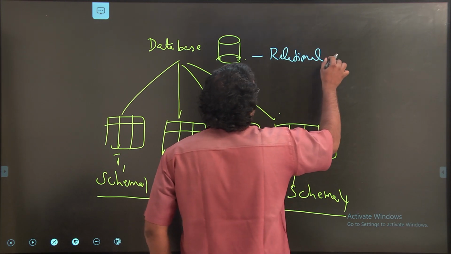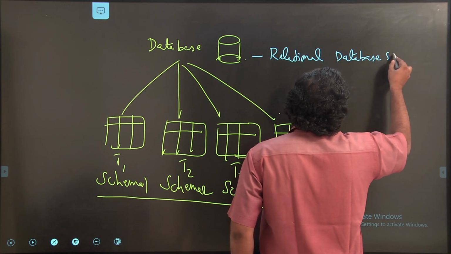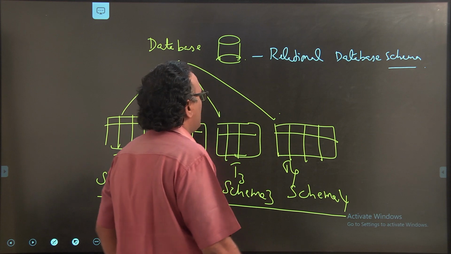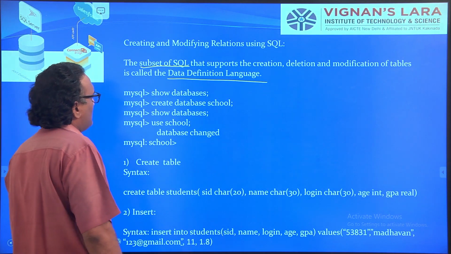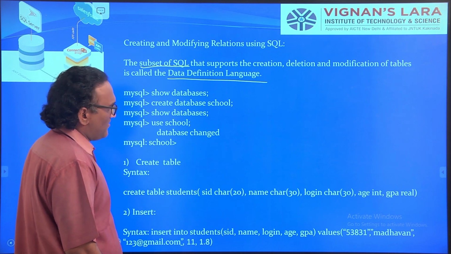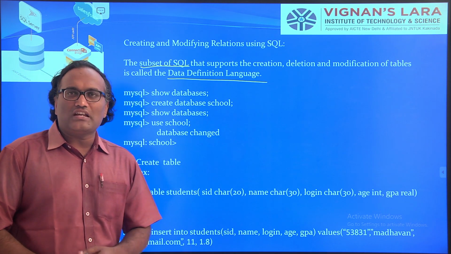I think we already discussed this. Keep that in mind. First you are supposed to have a database. If you want to create a table, you are supposed to have a database.